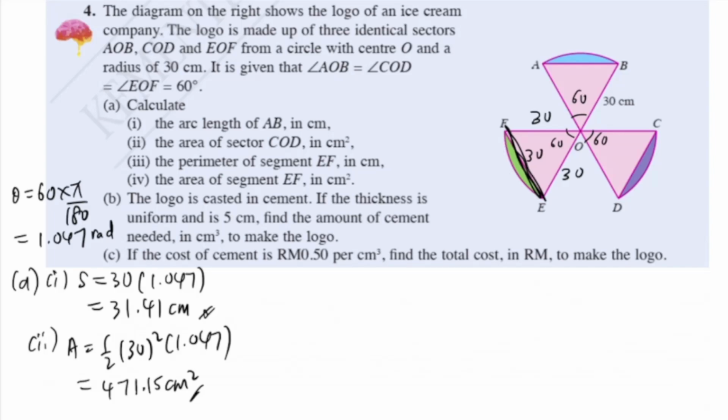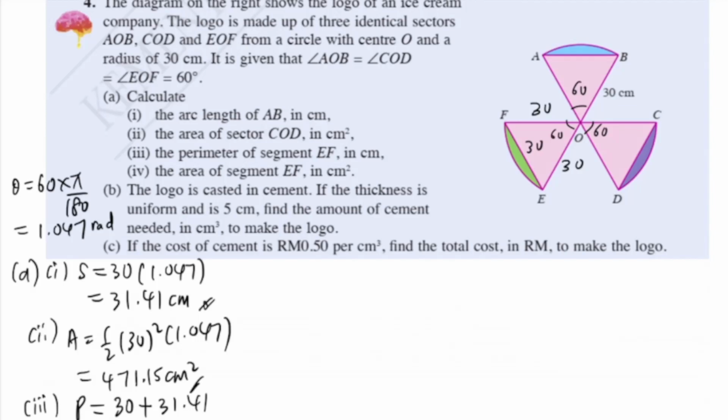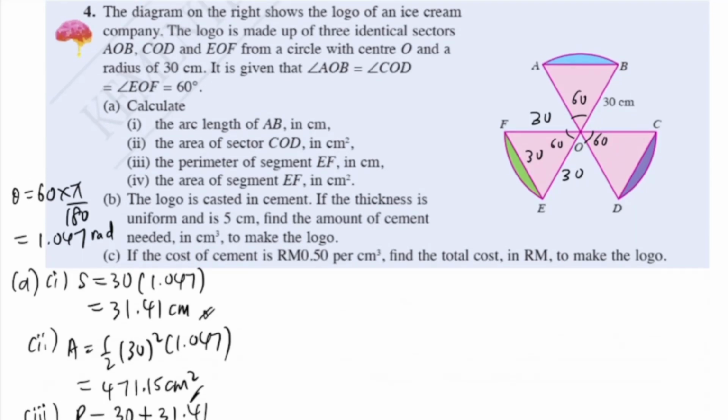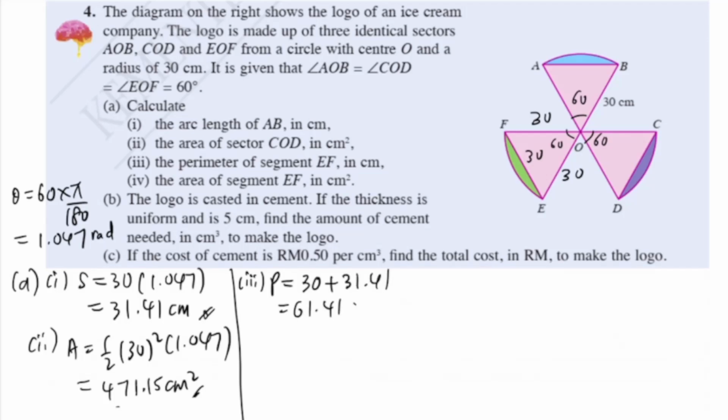Your perimeter will be just 30, the radius, plus the length of arc 31.41. I got 61.41. Okay, simple.